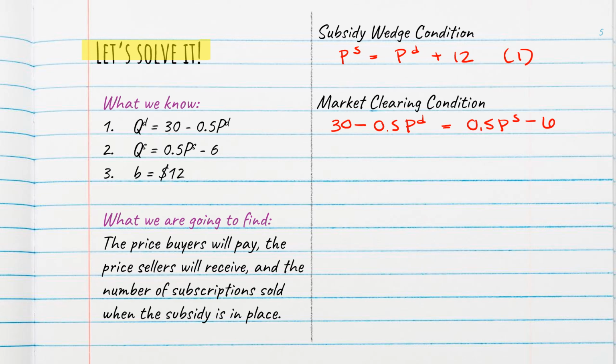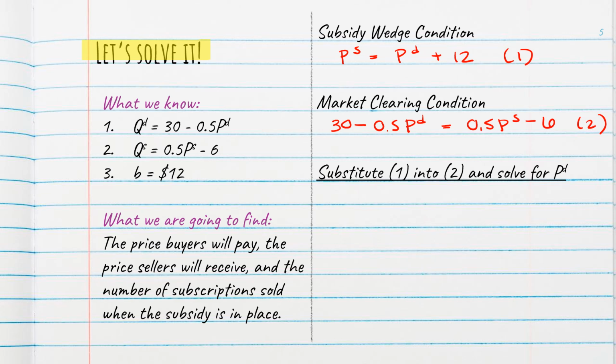These subscripts on the prices are very important when we're solving subsidy questions, so make sure you keep them, don't drop them off, because the buyer price and the seller price are not equal to each other when a subsidy is placed in the market. So we'll call this equation 2. Now we have a system of 2 equations and 2 unknowns. Using algebra, we should very easily be able to solve for both PD and PS.